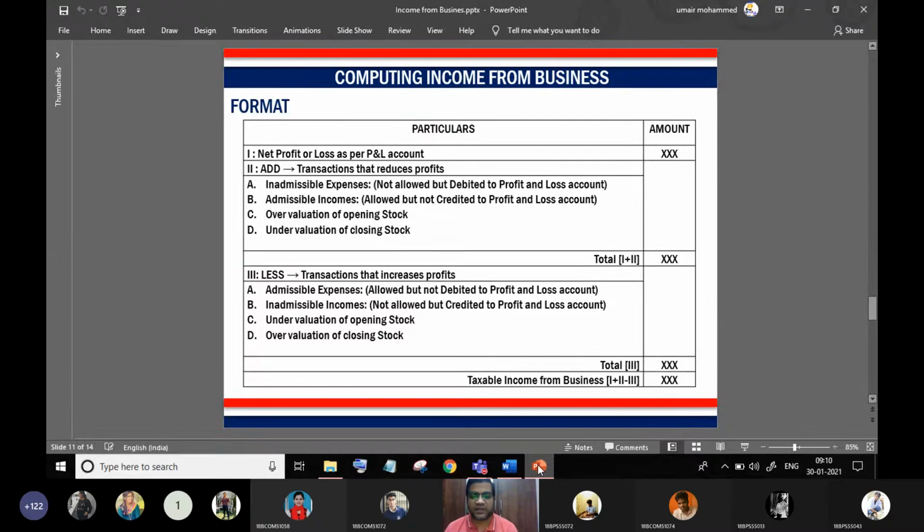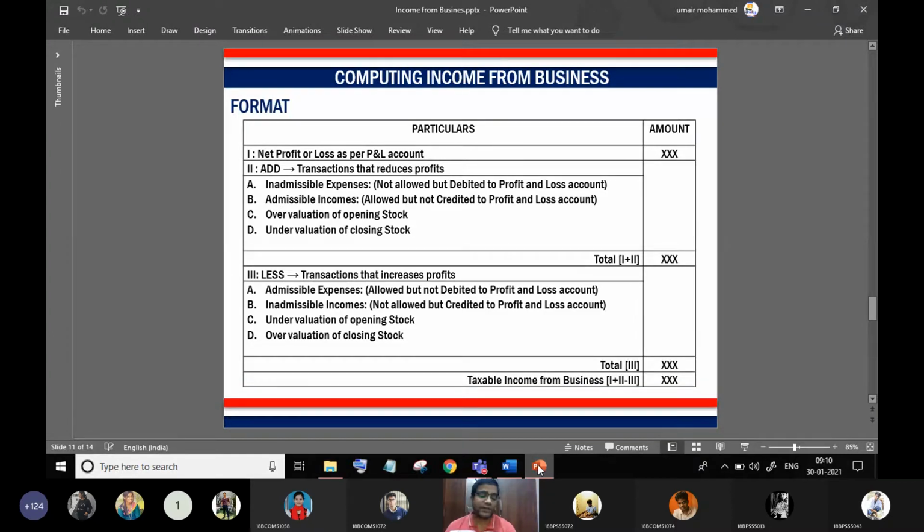Reason number one, on account of incompatibility between accounting rules and the provisions of the Income Tax Act. Reason number two, the assessee may include in the profit and loss account personal incomes, personal expenses, and non-business expenses, which unnecessarily reduce the profit with an objective of minimizing the tax liability. So that needs to be scrutinized.